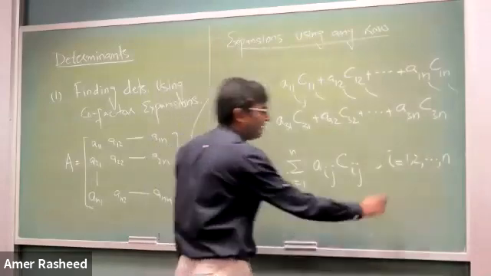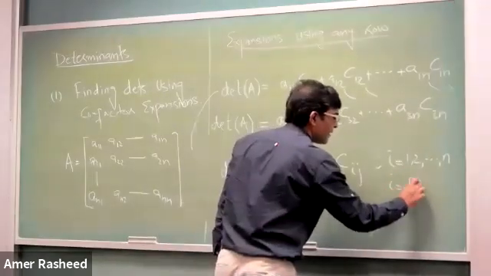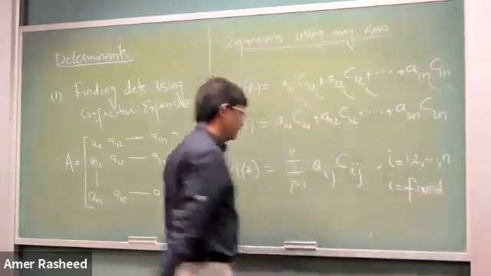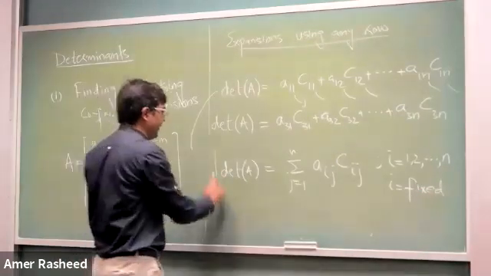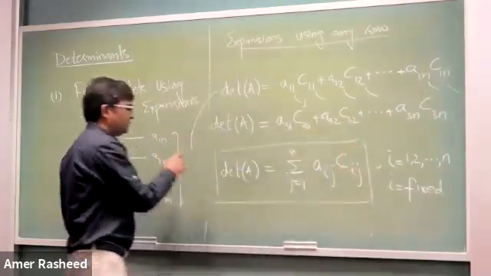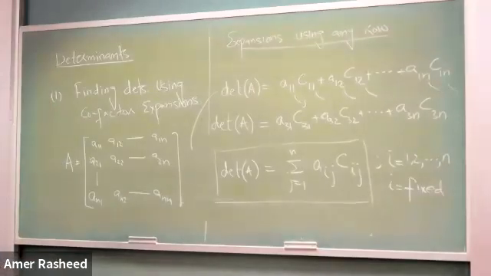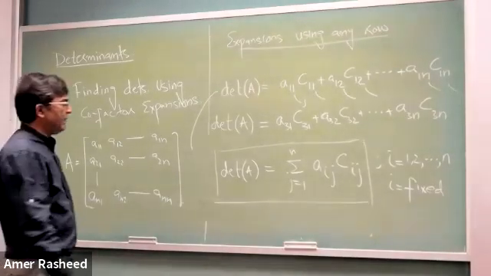So i is fixed here and only j varies. This is the general formula, or expression, for a cofactor expansion in order to find the determinant of matrix A.